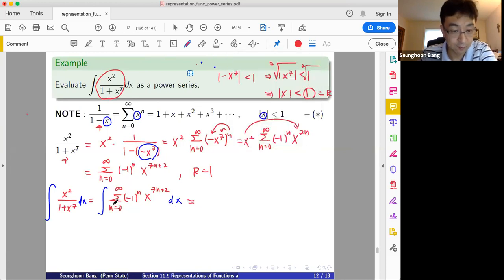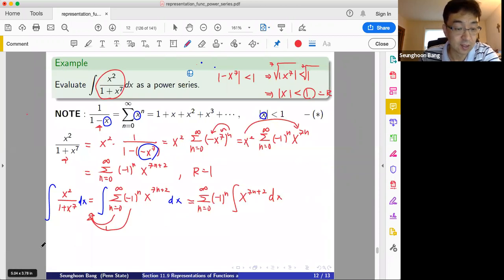Only take out summation from n equal 0 to infinity of minus 1 to power n, and integral of x to the 7n plus 2 dx.